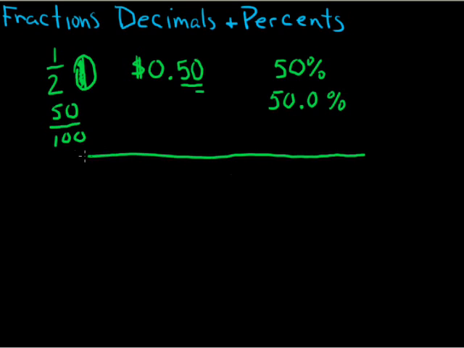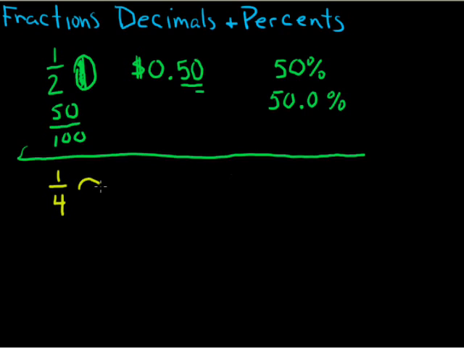Let's move on to another common fraction, decimal, and percent that you're probably familiar with. And that is quarters. We've all used a quarter. A quarter doesn't get you what it used to. A quarter is the same as 1/4.